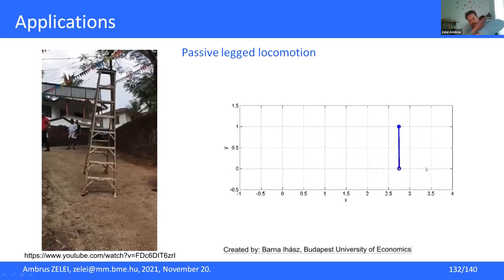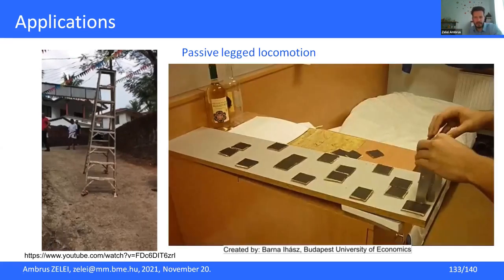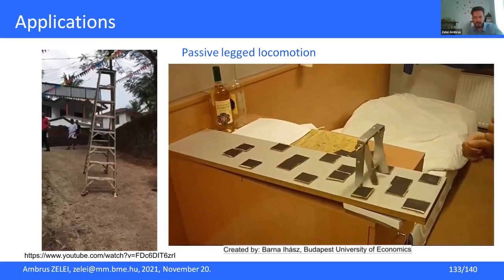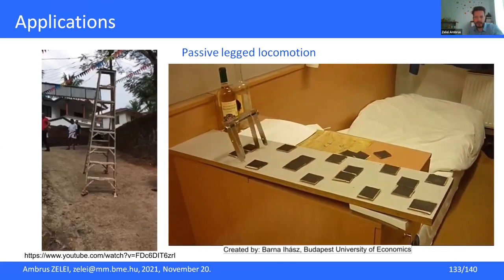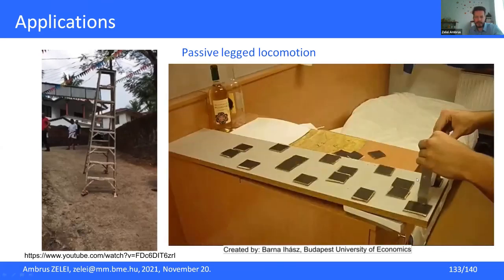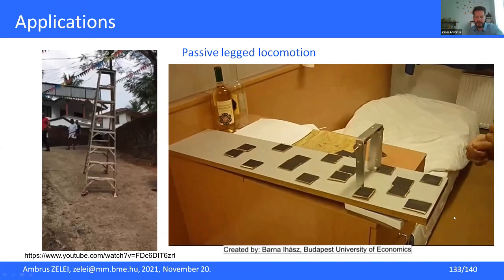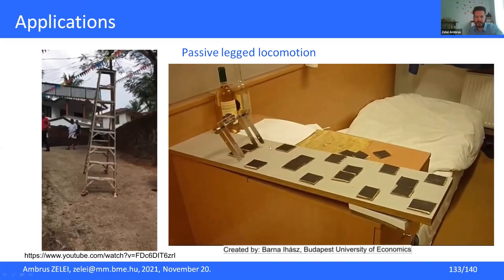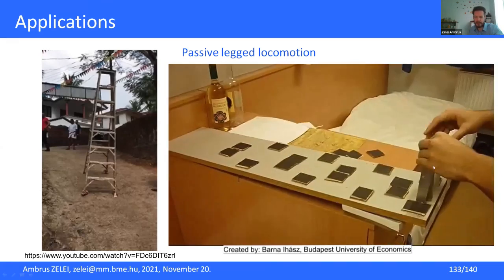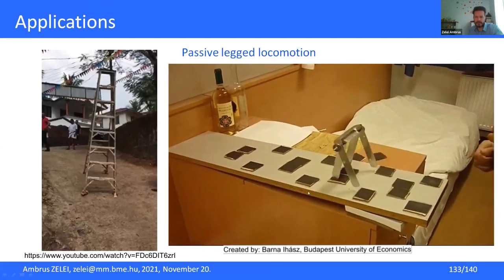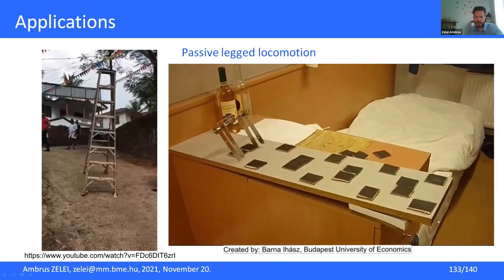and the slope always provides some energy while it's walking down. Maybe this video is a little bit better. It was carried out by a student in the student hostel, and it was very, very hard to find the correct initial conditions with which this very simple structure could walk down this slope.